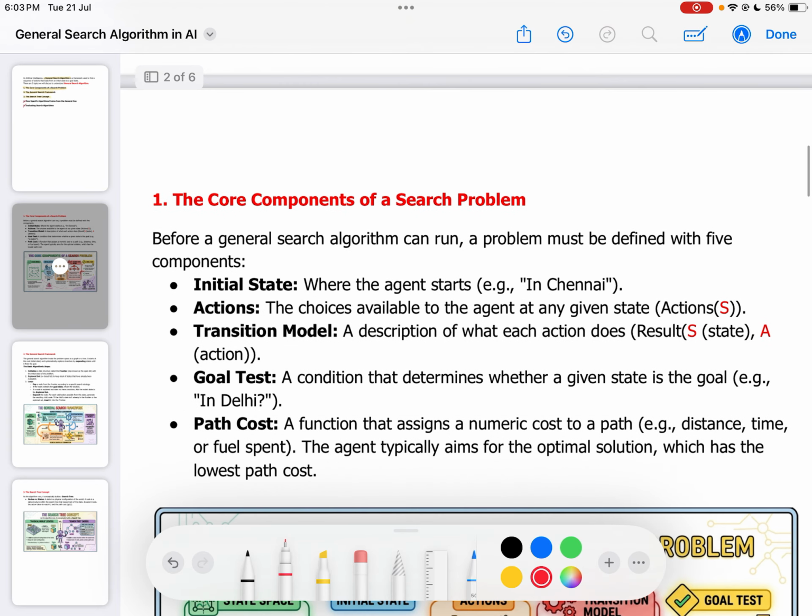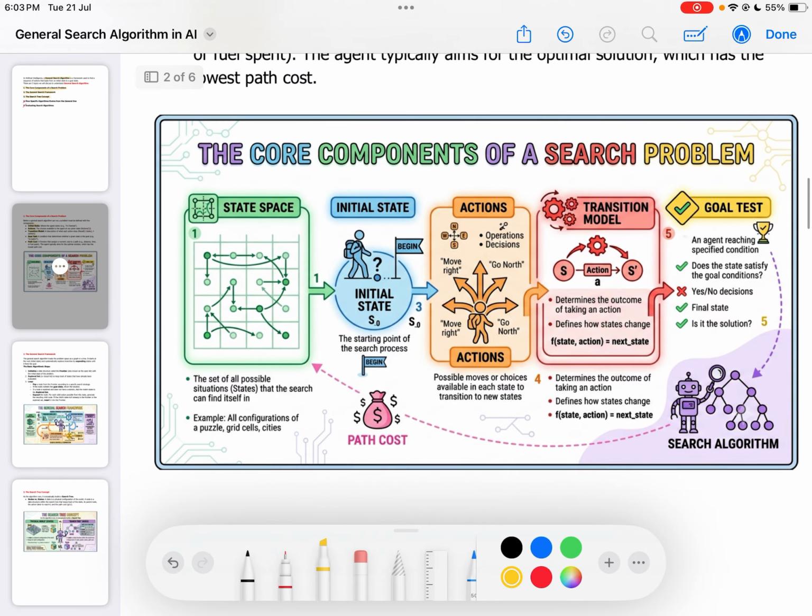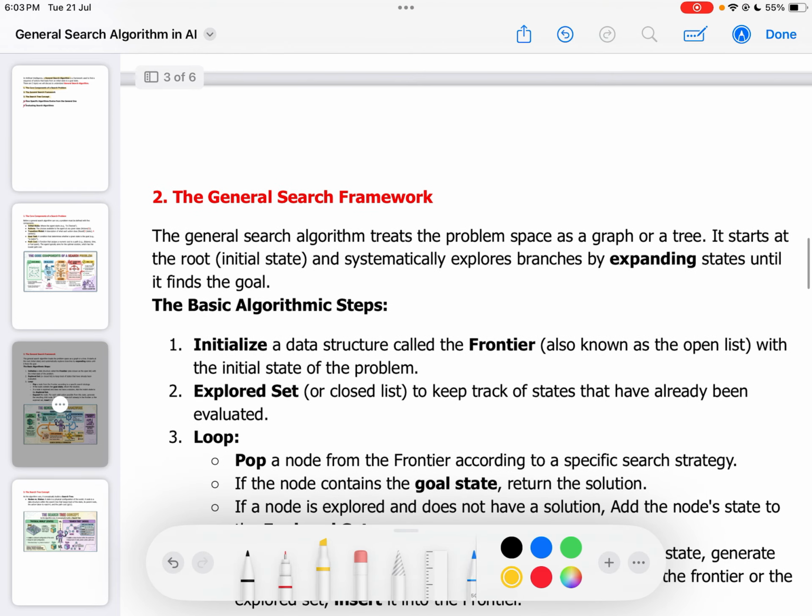One is the core components. What are they? Initial state, actions, transition models, whether the goal is met, and the path cost to reach the goal. This is the core components. Second is the framework of a general search algorithm. The first is to initialize a data structure called frontier.